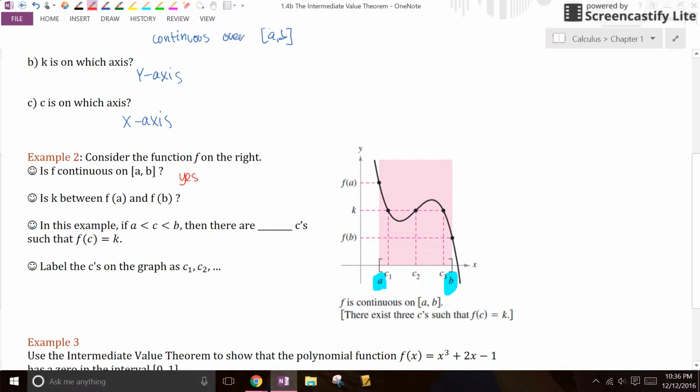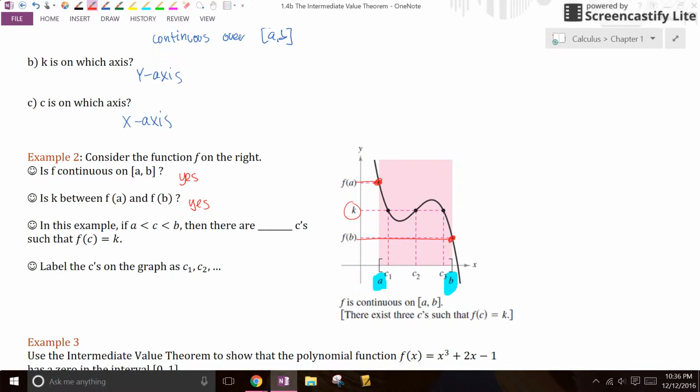And then it's going to say there's a k value. There's some k value that's between those two y values, the beginning y value and the ending y value. k has got to be somewhere between those two, right? So yes, k is between them. And then in this example, how many c's are there that make it true?